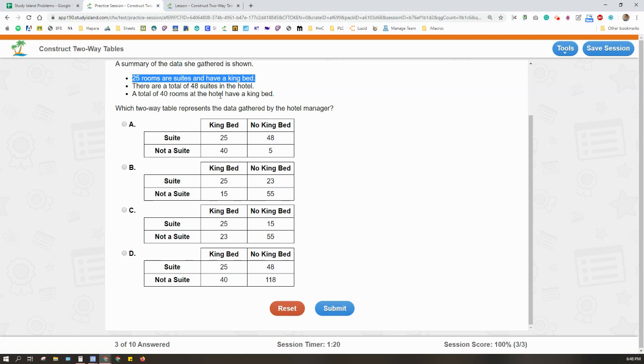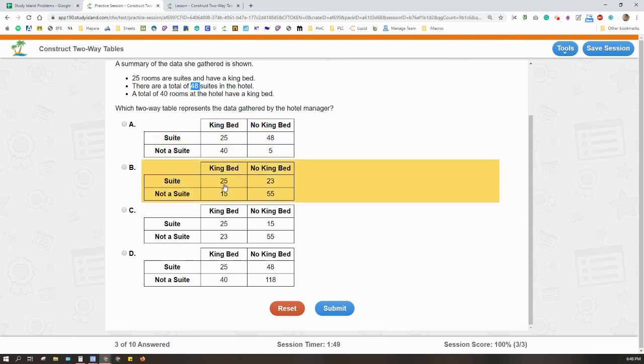Next, there are a total of 48 suites in the hotel. That means that the suite row has to add up to 48 total. So which of these tables have a suite row that adds up to 48? Table A has 25 and 48. That makes way more than 48. 25 plus 48 is obviously more than 48, so table A is not the right table.